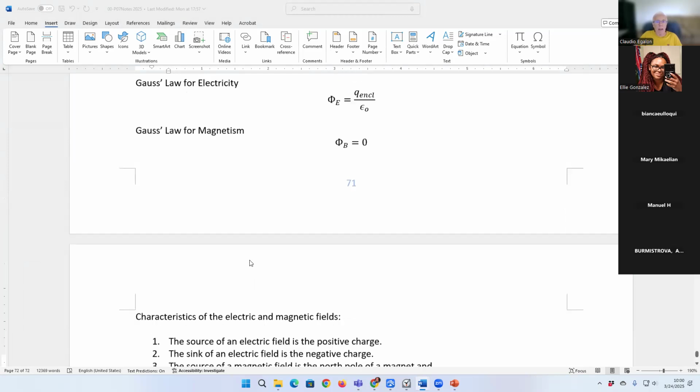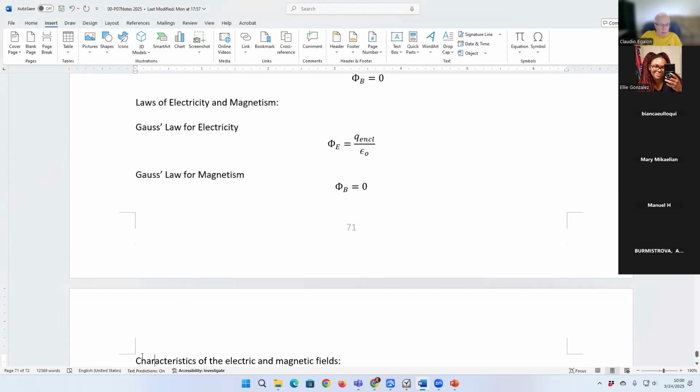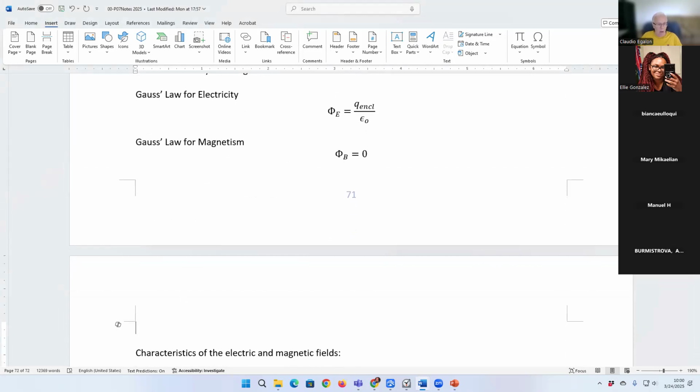Differences, let's see. And what is another law of the magnetic field? I'm going to write now another law of electricity and magnetism. I'm not going to write that down in mathematical format, but I have already mentioned before that the actual source of the magnetic field is not the positive pole.